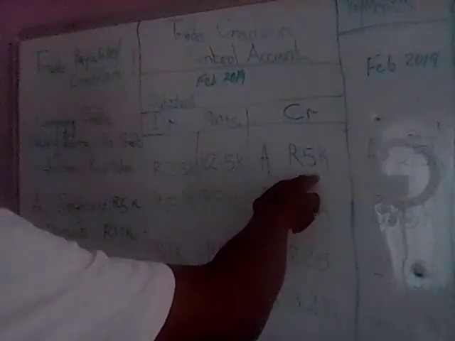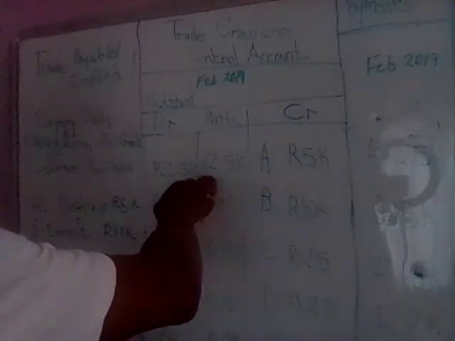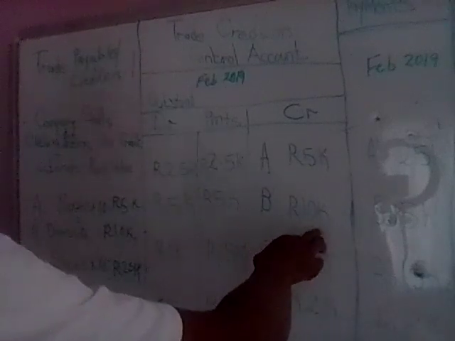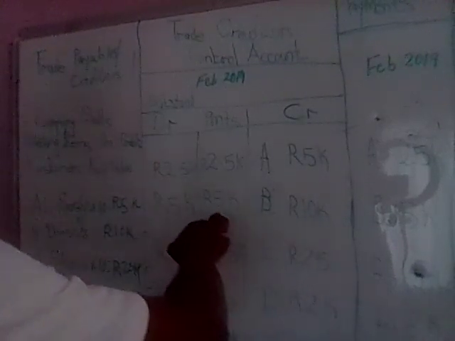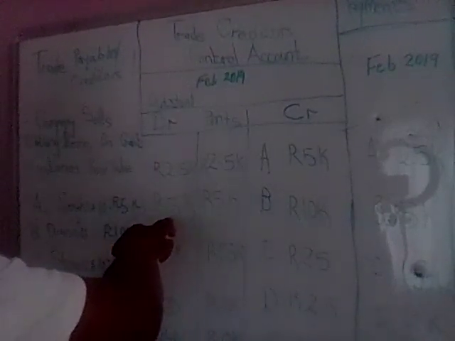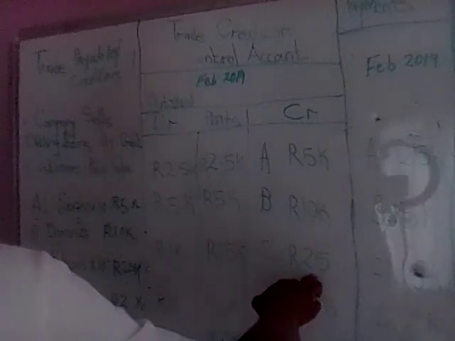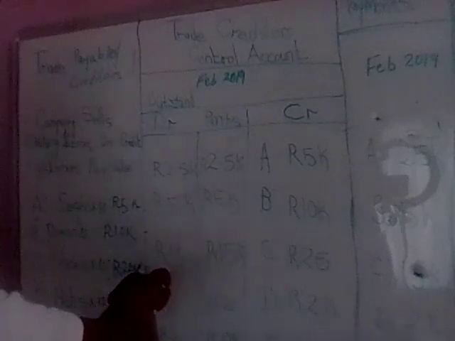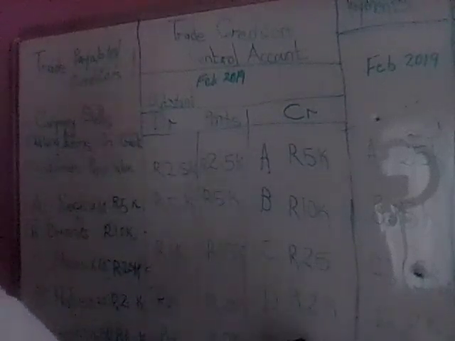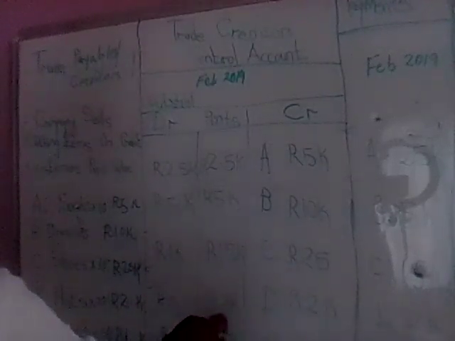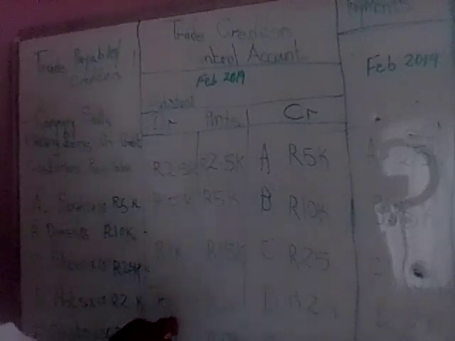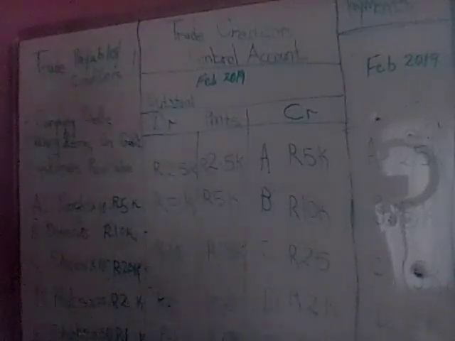Originally, A owed 5, he paid 2.5. B owed 10, paid 5,000 rands. So the balance there is 5, that's fine. So 2.5 was owed and payment of 1.5 for C, 1,000, that's fine. So 2,000 rands was paid, and that would be 0 in terms of the outstanding, that's fine.